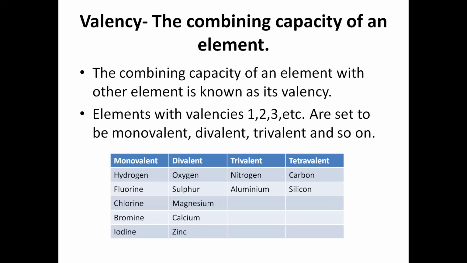The valency of an element is expressed as the number of hydrogen atoms that combine with one atom of the element.